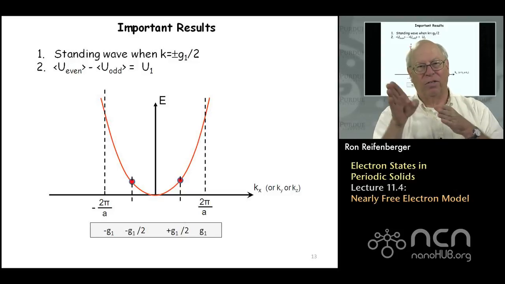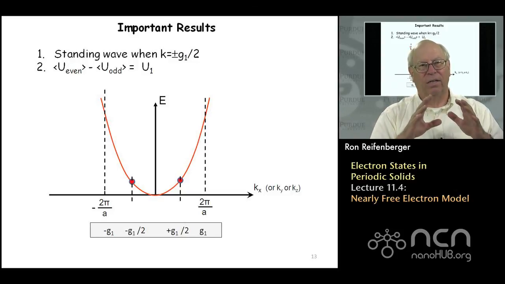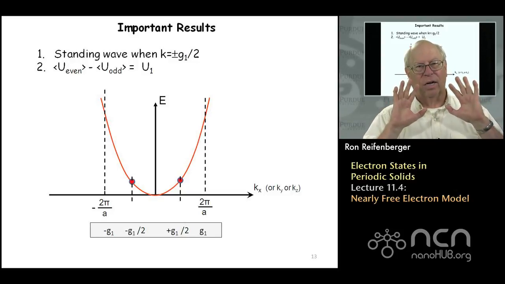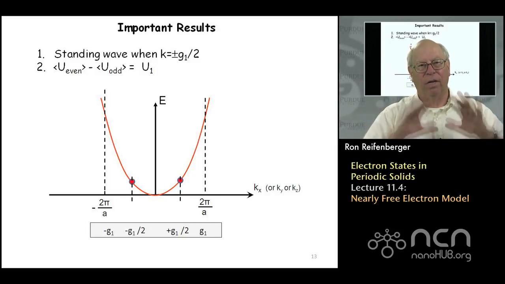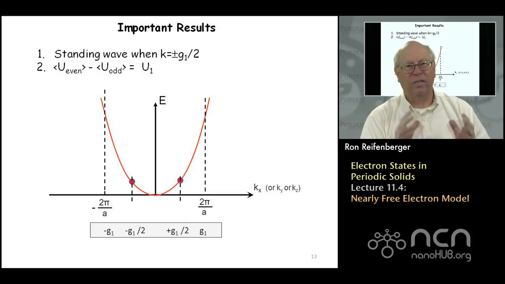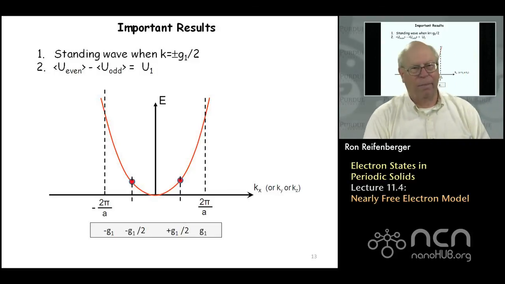In certain directions in k space, these electron states that try to propagate through the metal are turned into standing wave states by this interference with reflected waves from the atom cores. So that's the essence of the nearly free electron model.